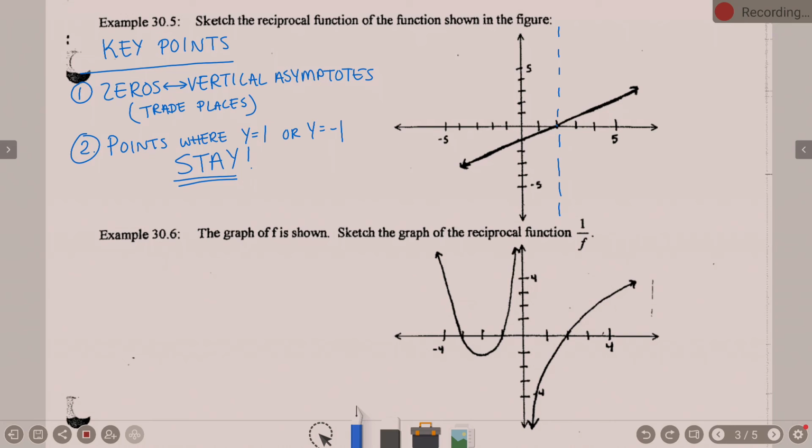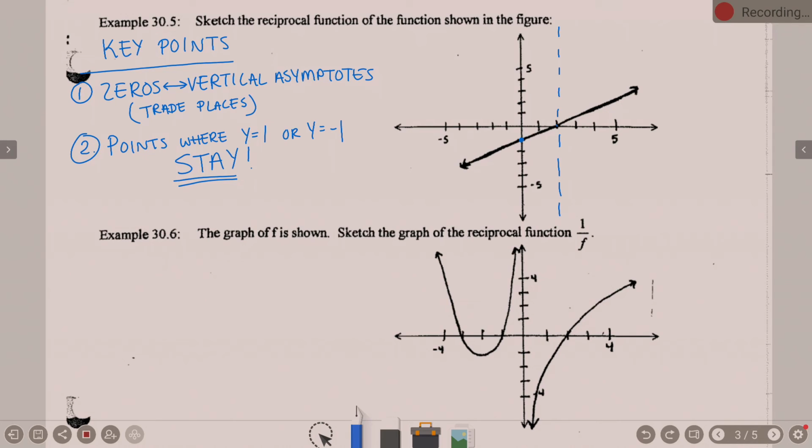So it's kind of an eyeball game here, because we don't exactly have ordered pairs, do we? But what I tend to do on this one is, well, there's one that's not an eyeball. It's pretty obvious. This point here that's at 0, negative 1, I'm going to put a dot, because that's going to be a point on my new graph.